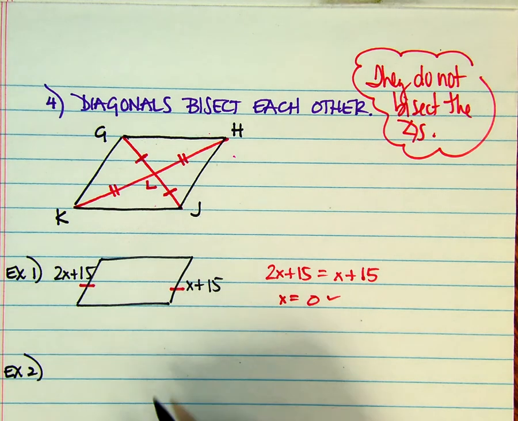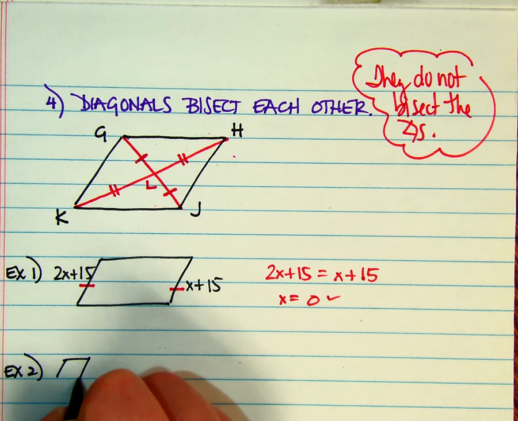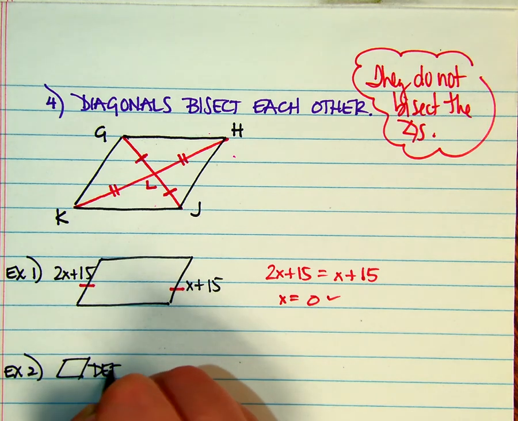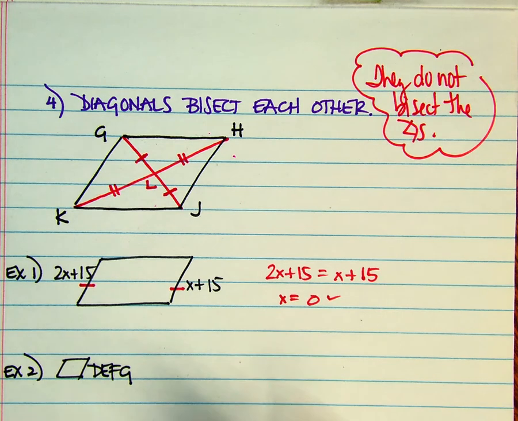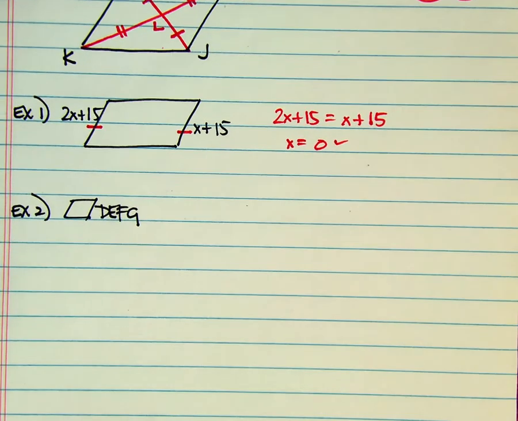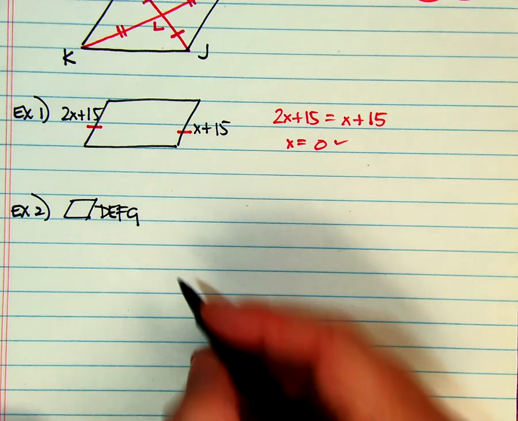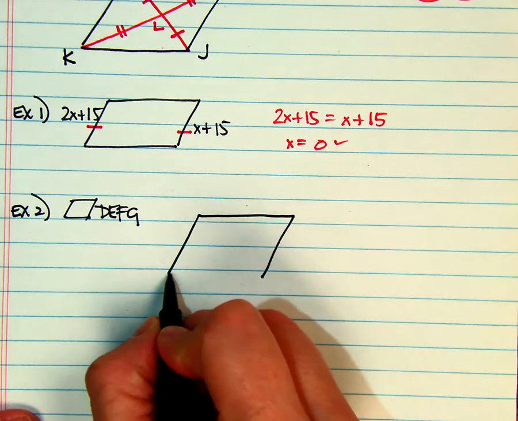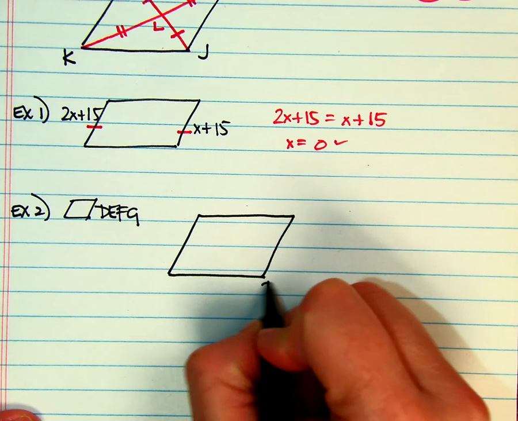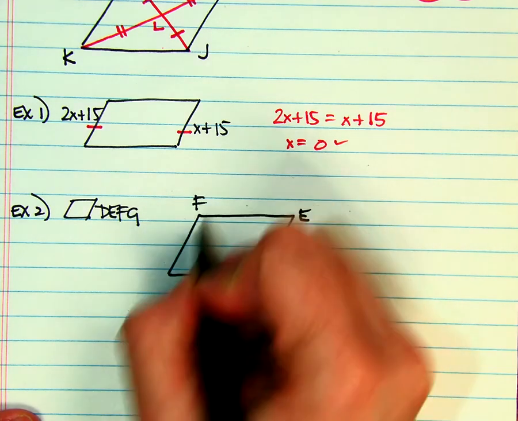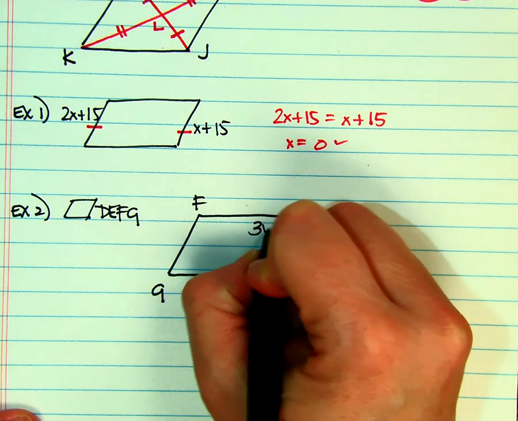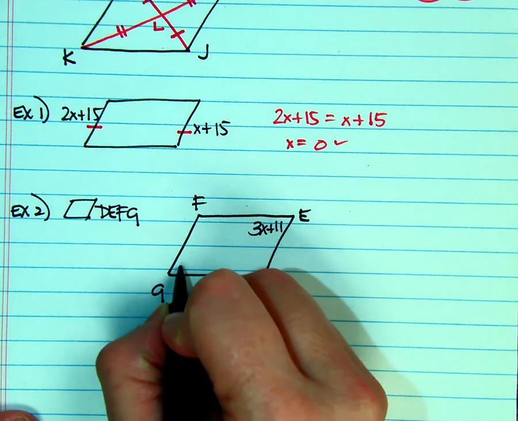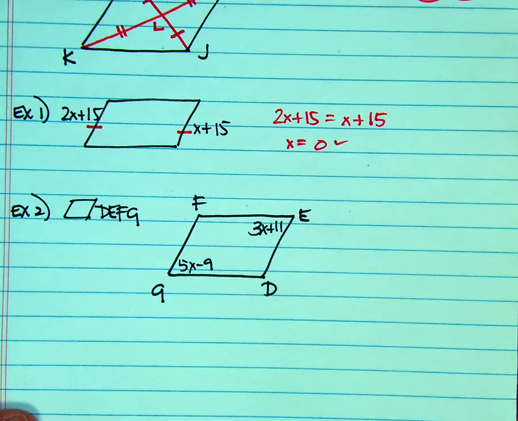Example 2, again I'm given a parallelogram. So we have parallelogram DEFG. And remember we talked about this before, that if you have the 4 letters, it has to be consecutive. You can't just bounce all over the place when you're labeling them. So if I have this parallelogram of D, E, F, and G, and I have angle E is 3x plus 11, and angle G is 5x minus 9.